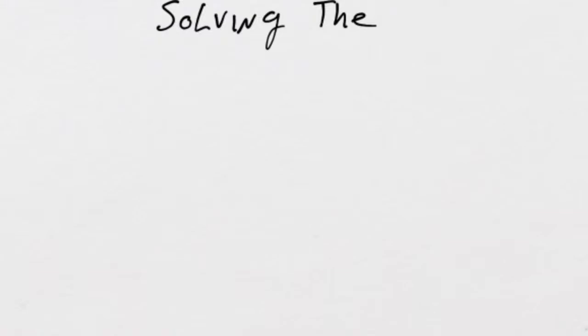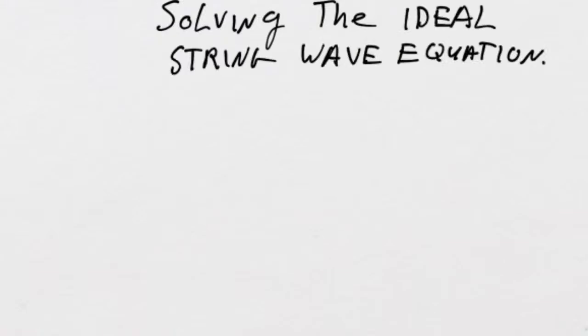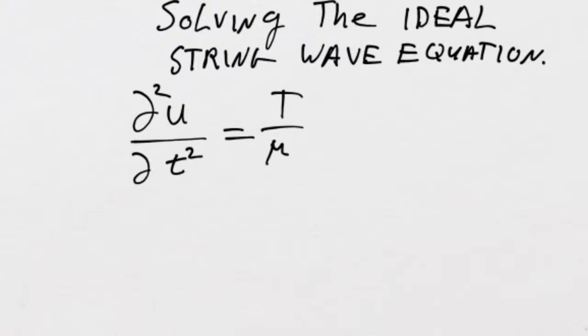Solving the ideal string wave equation. And I will write partial derivative u squared partial t squared equals T over mu, partial u squared partial x squared.